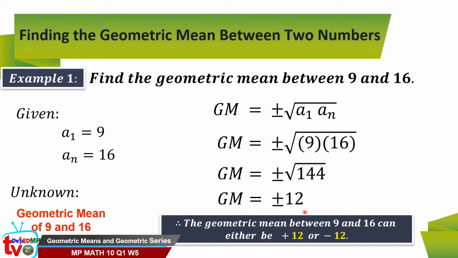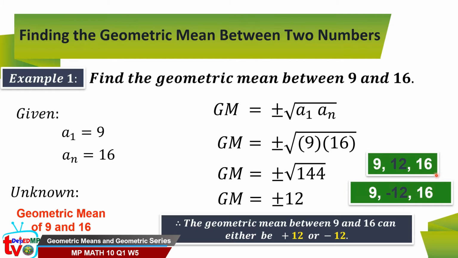It means that the geometric mean between 9 and 16 can either be positive 12 or negative 12. So if we're going to write the sequence, we can have it as 9, 12, 16 or 9, negative 12, 16.